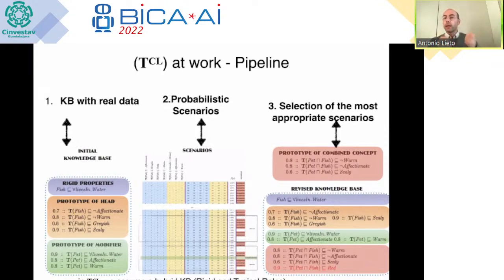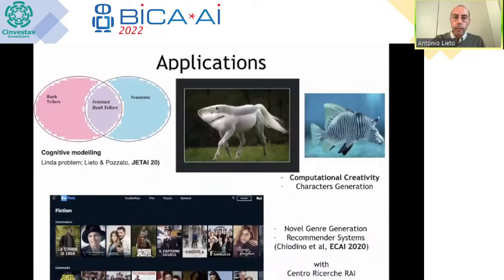So we want to retrieve more scenarios giving more importance to the head. There are other caveats, like, for example, the fact that our framework is able to exclude inconsistent scenarios. But again, there is no really time now for going into the detail.